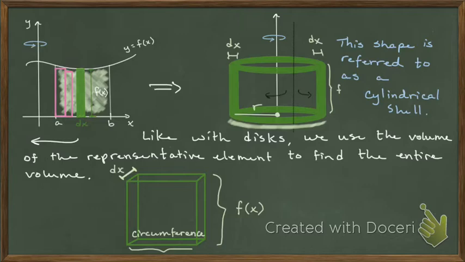Well, in the way I've drawn it, it's basically just going to be the distance from my slice to the axis I'm revolving around, or vice versa. So for us, that's really just some radius r.